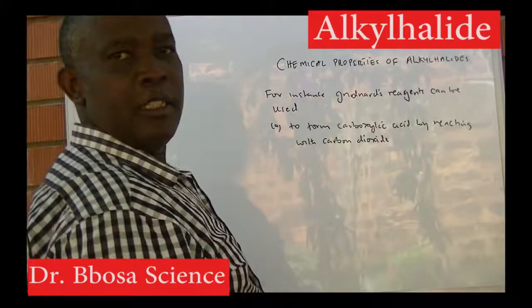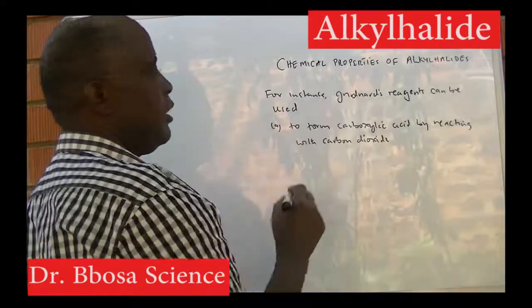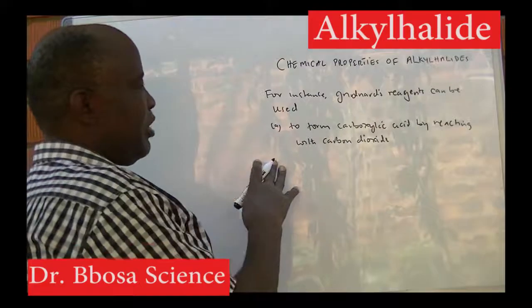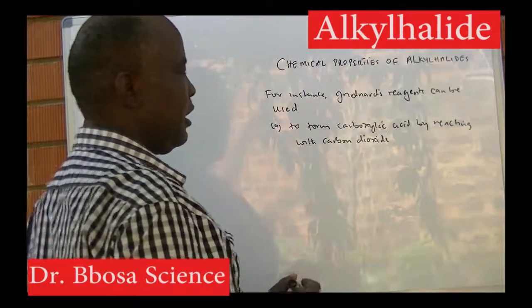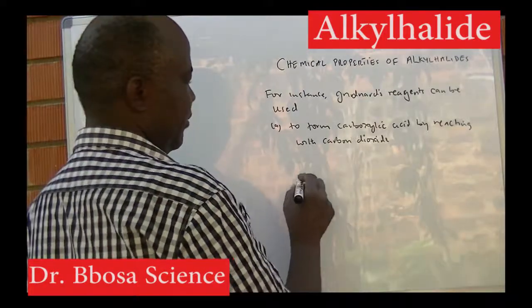For instance, Grignard's reagent can be used to form carboxylic acid by reacting with carbon dioxide.